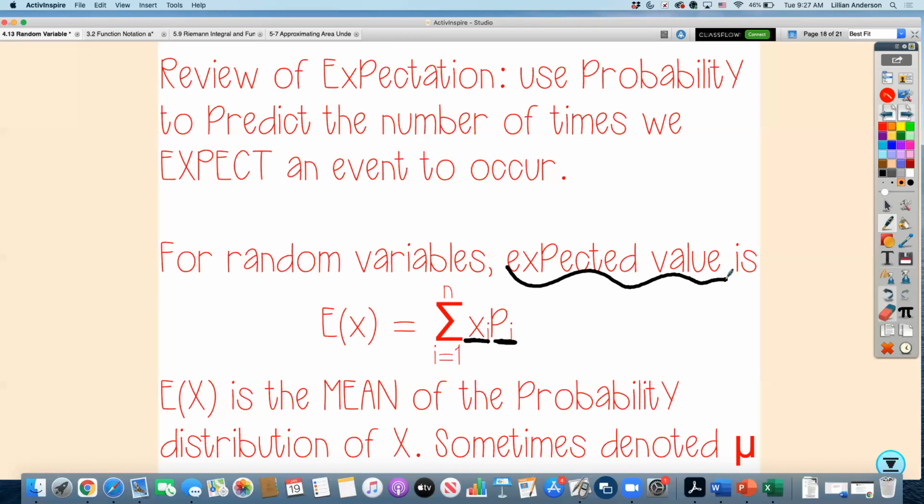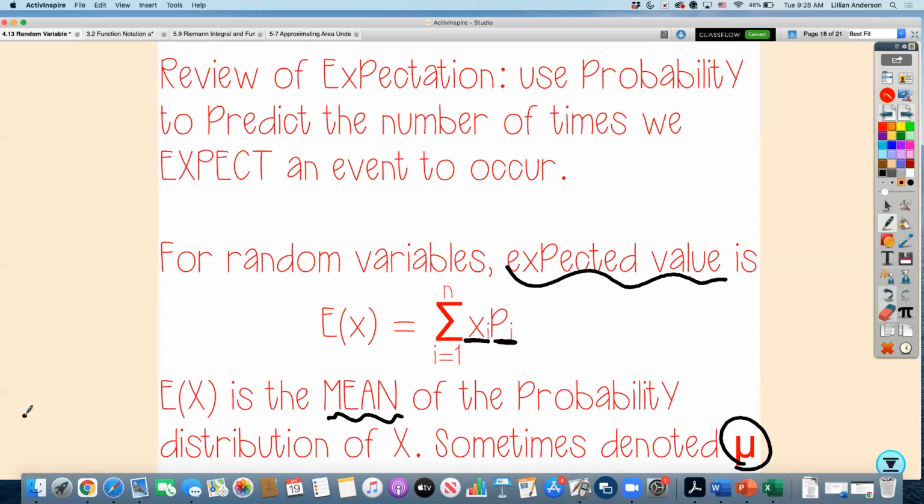That's how you get your expected value. Capital E of capital X is the mean of the probability distribution of X. So not only does it represent expected value, but it can also represent the mean, and it is sometimes denoted with the Greek letter mu.